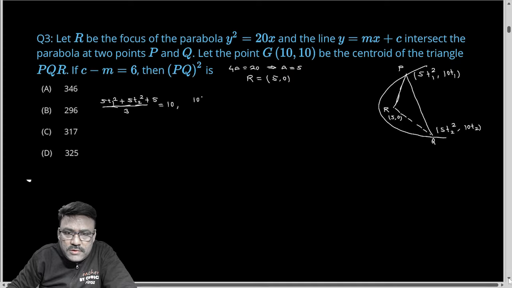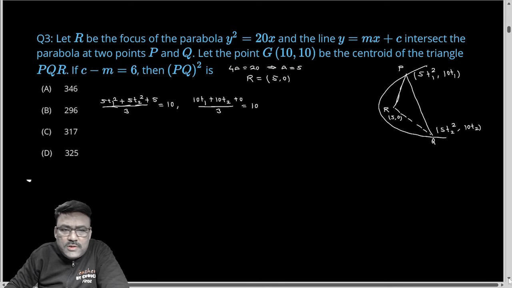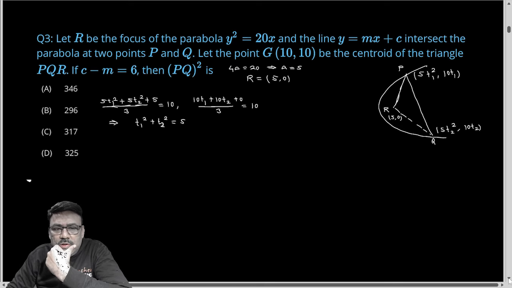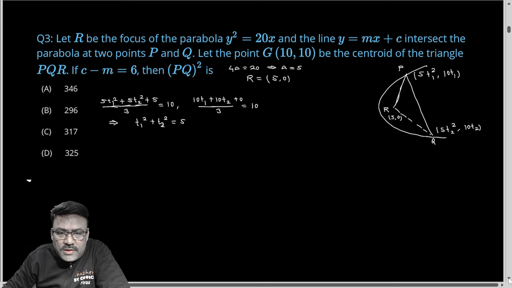Then 10t1 plus 10t2 plus 0 by 3 is also 10, as the centroid is given as 10 comma 10. So now if I solve this equation, I'm getting t1 square plus t2 square, 30 minus 5, it is 5 actually. t1 square plus t2 square is 5. And here I'm getting t1 plus t2.